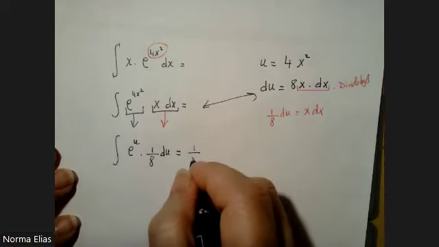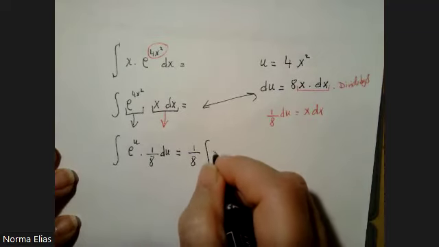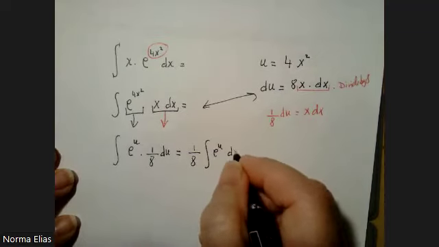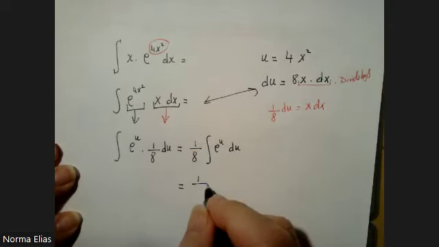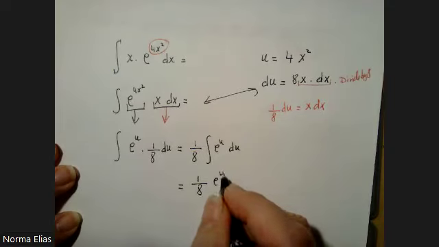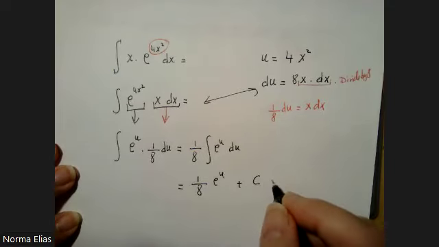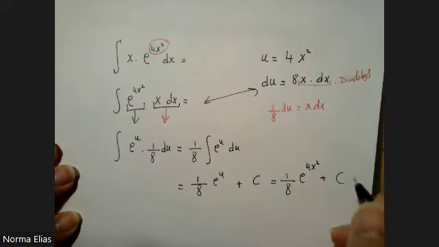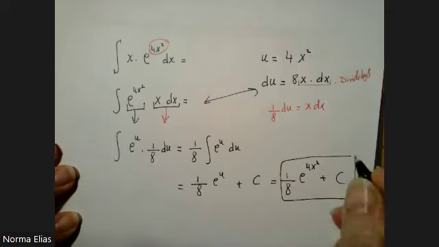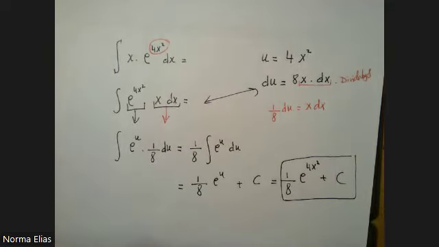I don't really worry about it. To the du. So this would give me an integral in u, which is e to the u. And e to the u is e to the 4x squared plus c. And that's the end of the problem. Okay.